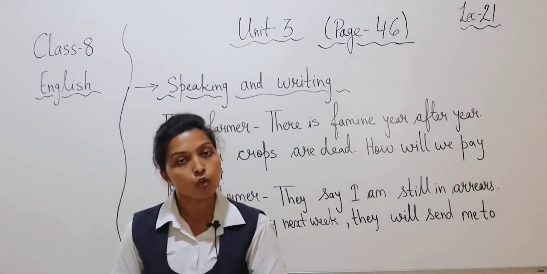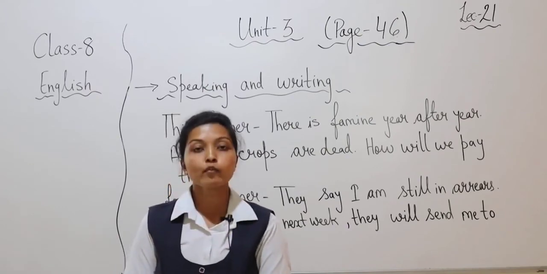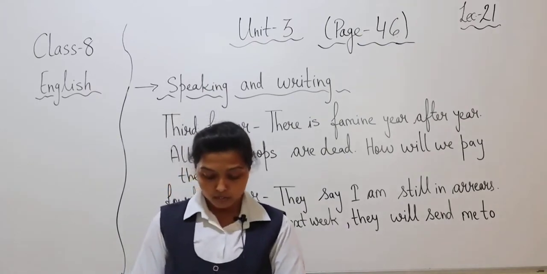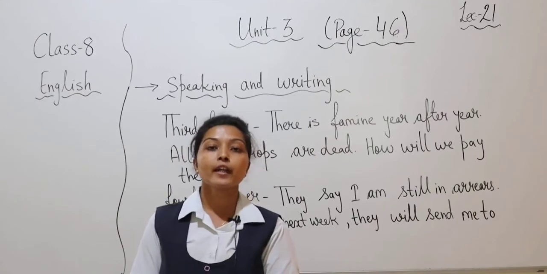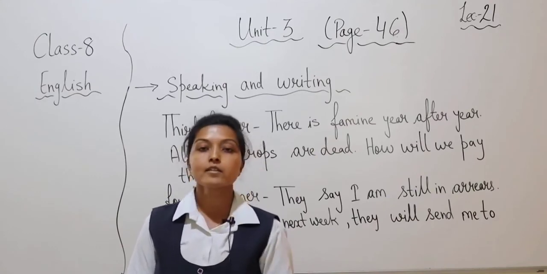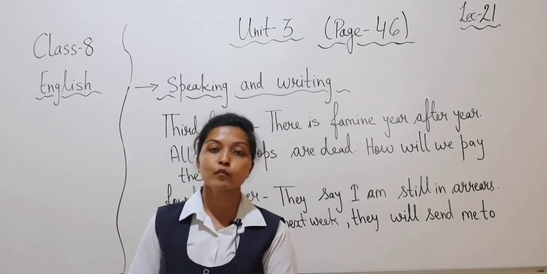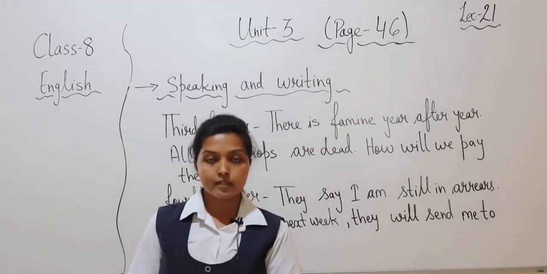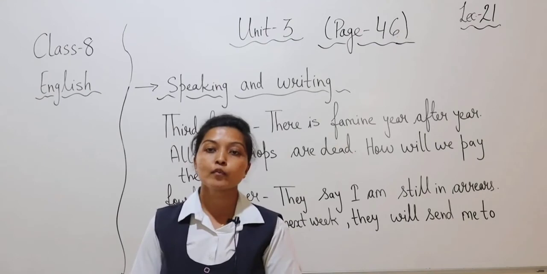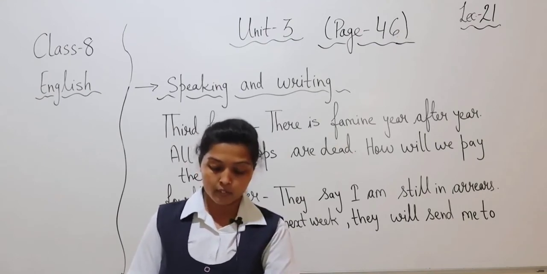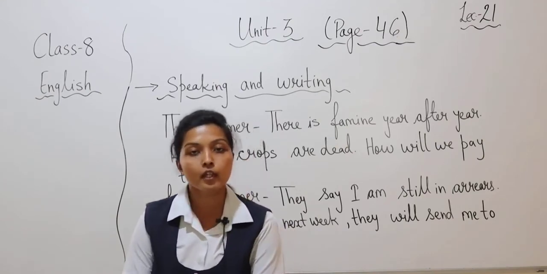In this way you note it down. As for the first question, asking one another is not possible, so whatever questions are given in the first one, you find the answers from these sentences, from the story.